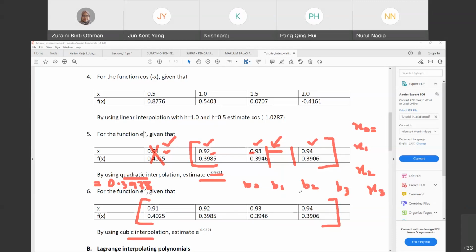Then find B0, B1, B2, B3, and you get the final answer, which is 0.3937.